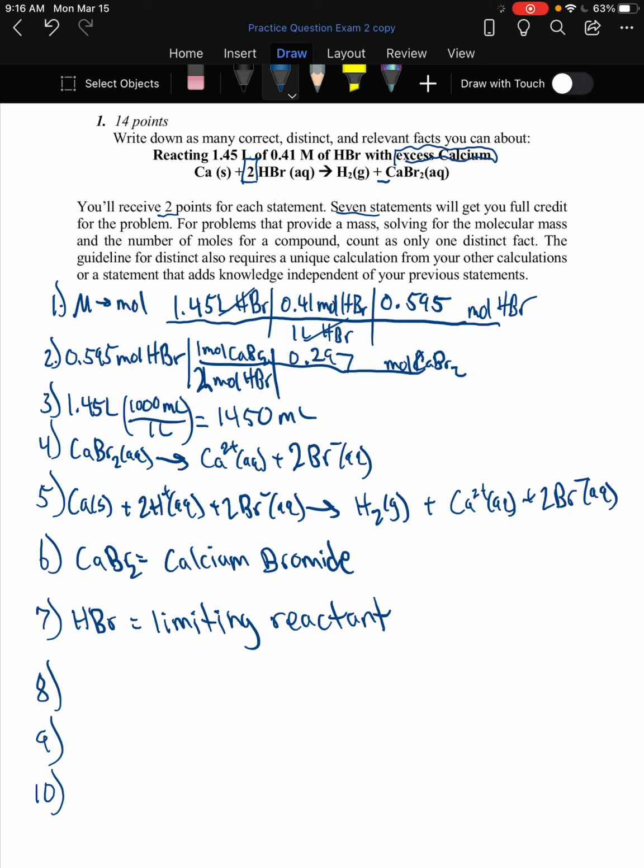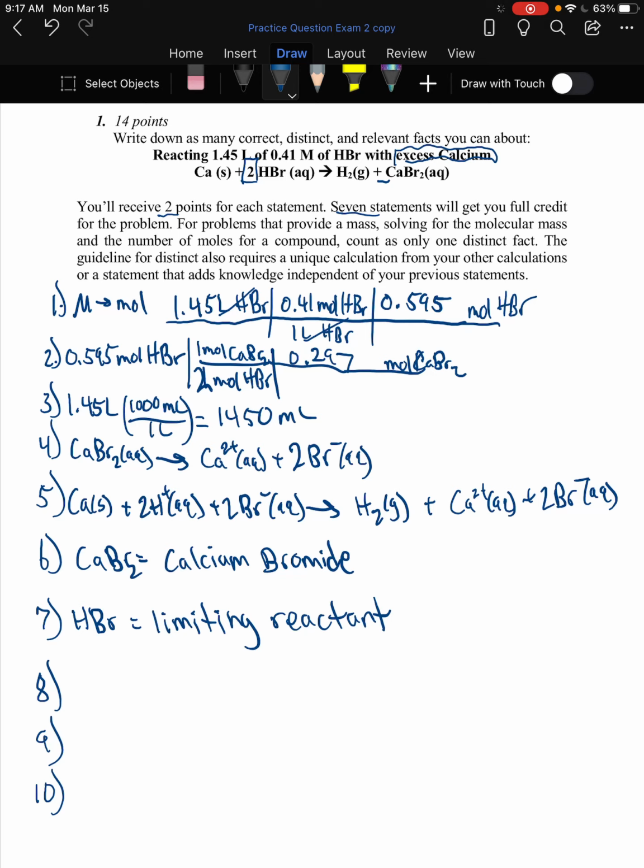So for example, you could look up in the periodic table that hydrogen is about 1 gram per mole, and bromine has an atomic mass of about 79.9 grams per mole.